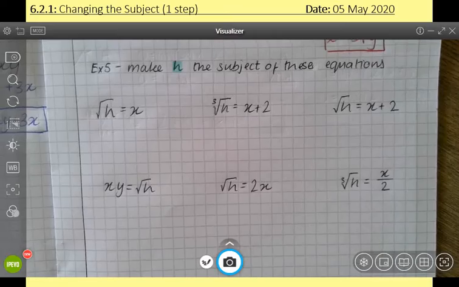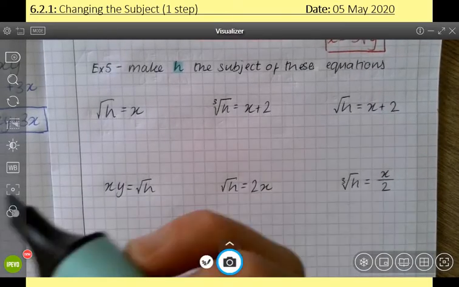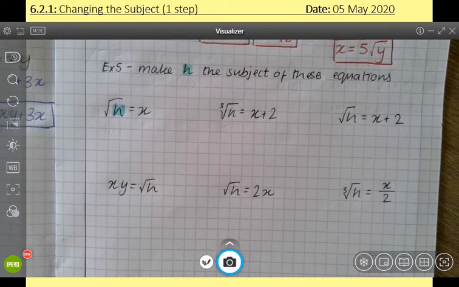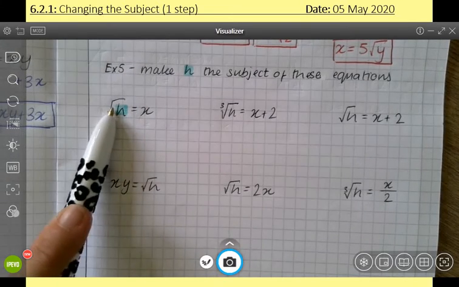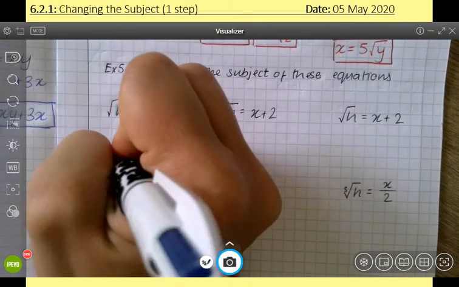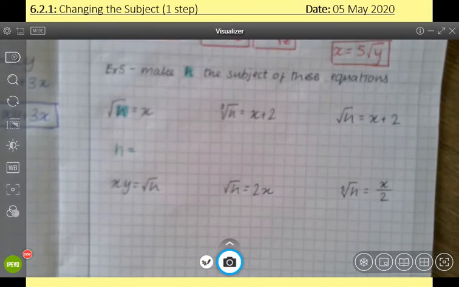And I can see that in my first one, it does kind of look like H is the subject, but actually the subject is the square root of H, and we just want H to be the subject. We just want H by itself.